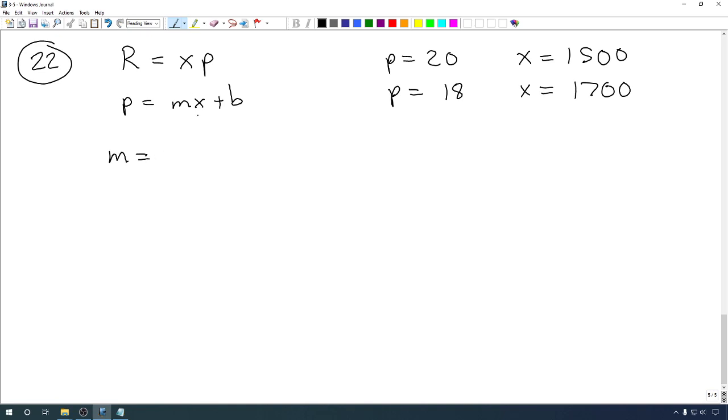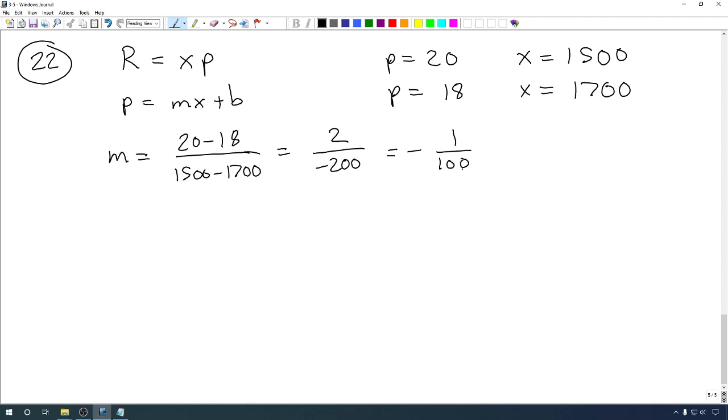Keep in mind here, because of the form that we have here, x is playing the role of x in our normal setup, and p is playing the role of y. So we have a difference in p's over a difference in x's. Our p's is 20 minus 18, and our x's, making sure we keep the same order, we have 1,500 minus 1,700. In other words, on top we have 2, on bottom we have negative 200, and so overall this is a negative 1 over 100.